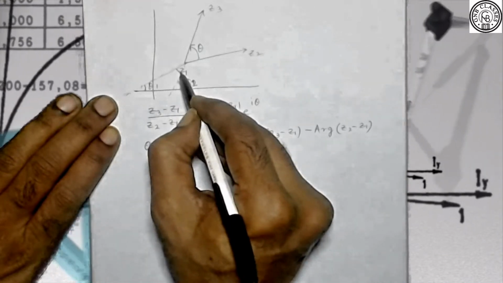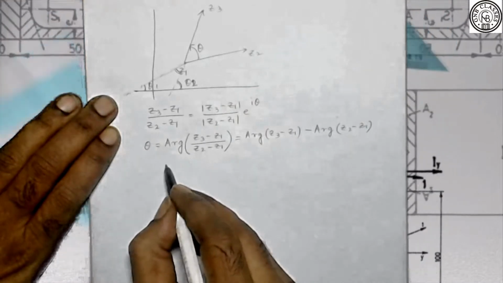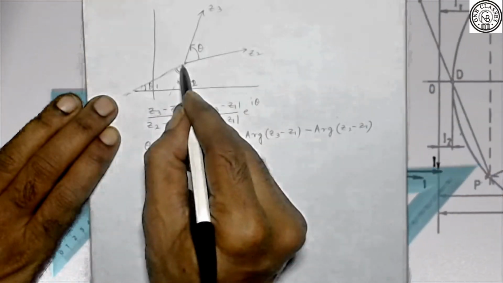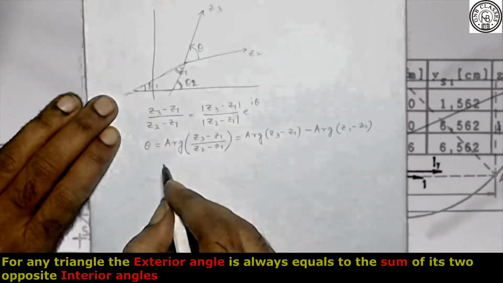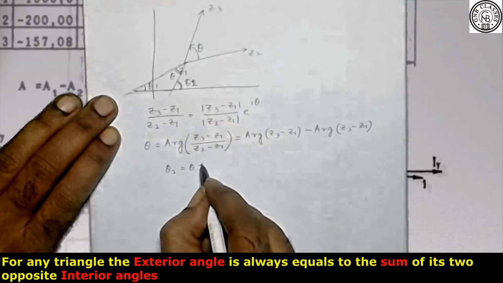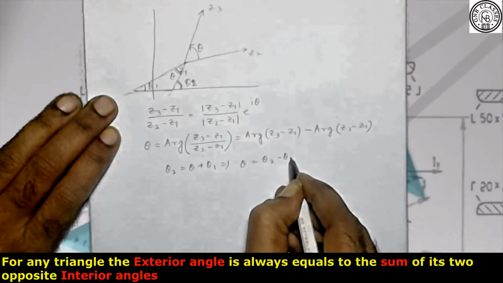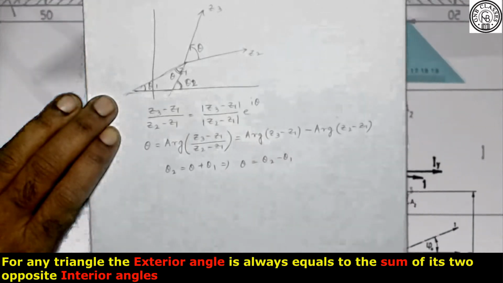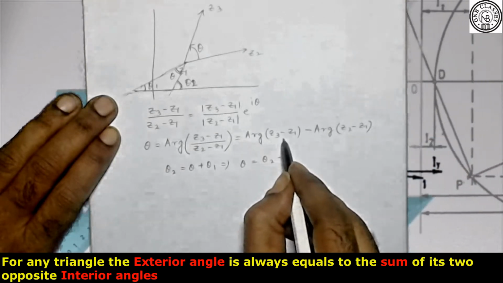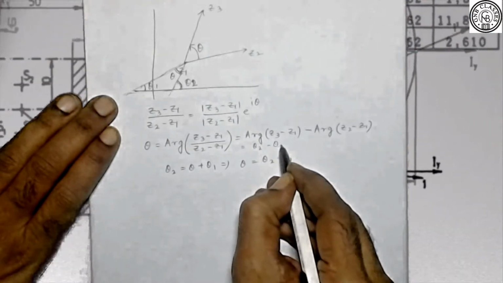Now, if we produce this one, what is the angle between these two vectors? From this triangle, this is the exterior angle. So this theta 2 will be, if this angle is theta, theta plus theta 1. So theta is theta 2 minus theta 1. Yes or no? So argument of Z3 minus Z1 is basically theta 2 minus theta 1.